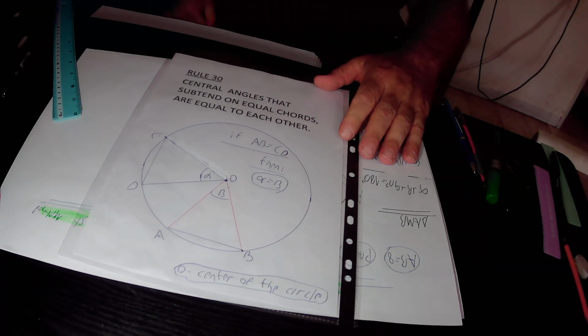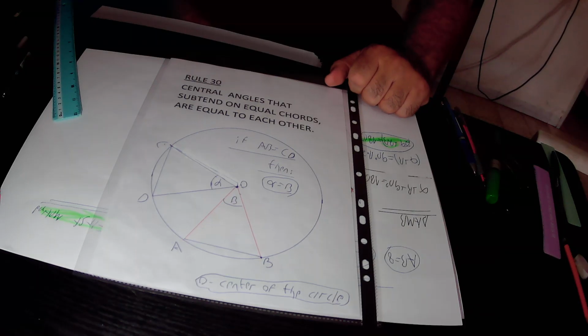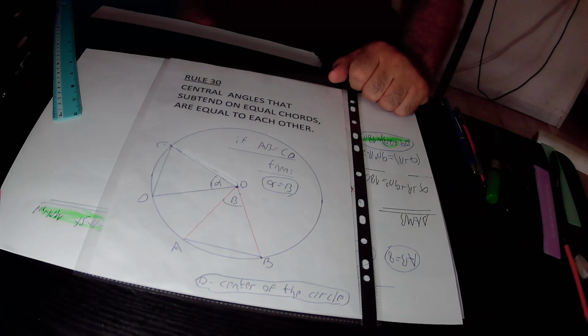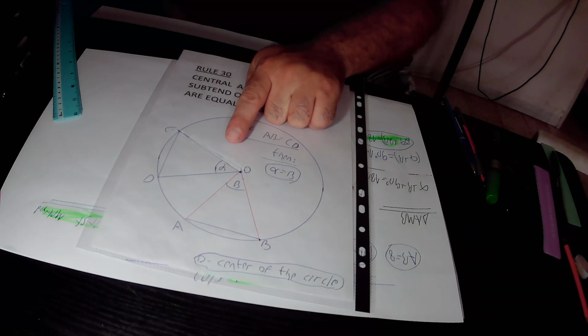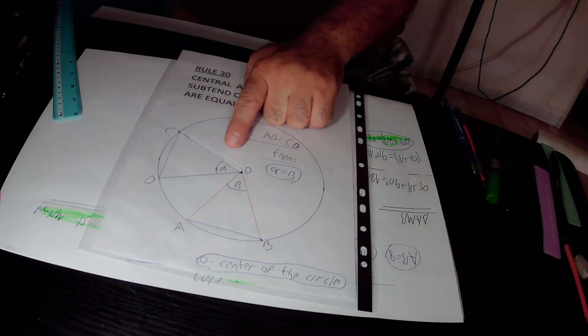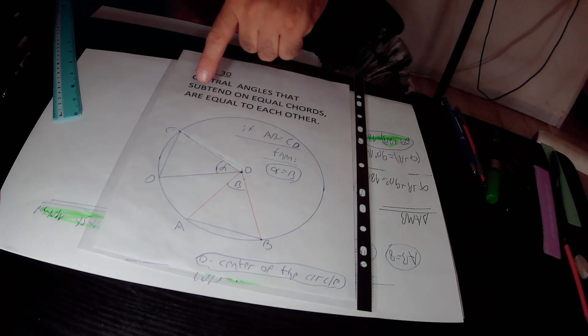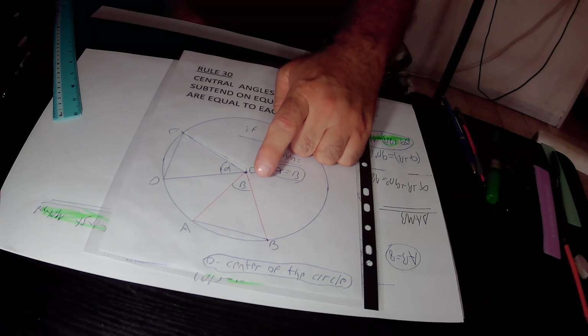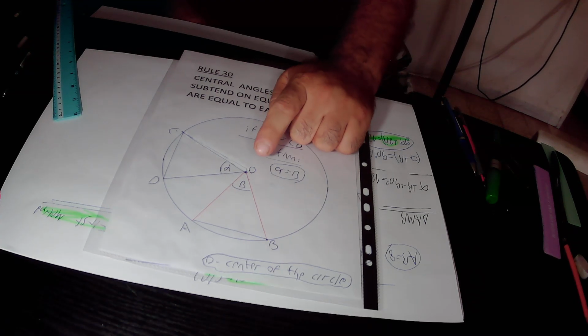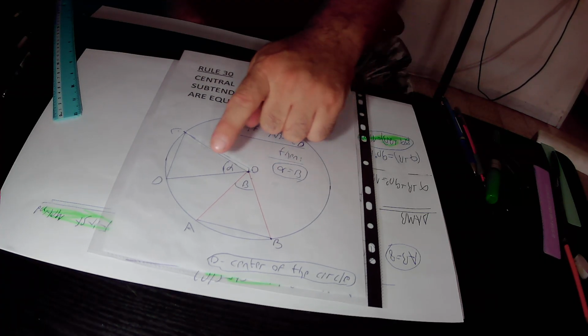According to Rule 30, center angles that subtend on equal chords are equal to each other. In the drawing we have a circle. This is center angle COD. This equals alpha degrees in its size, and it subtends on chord CD. Likewise, we have another center angle, angle BOA, that equals beta degrees in its size, and it subtends on chord AB.